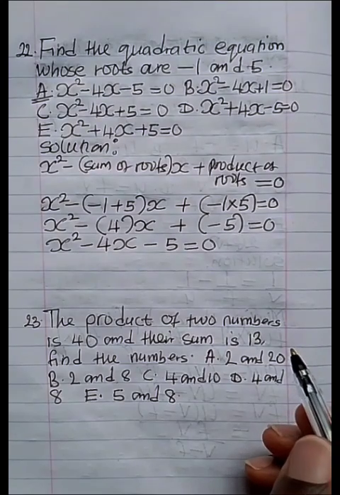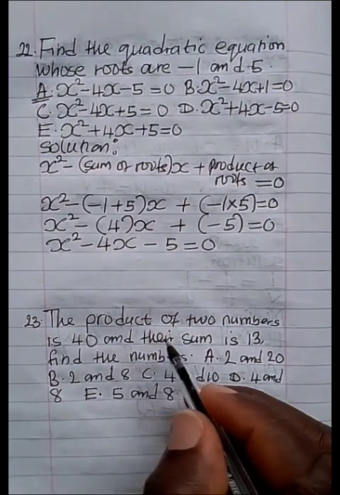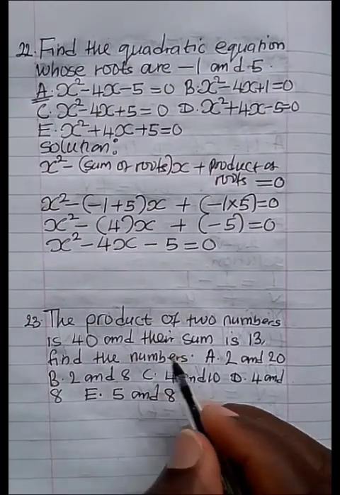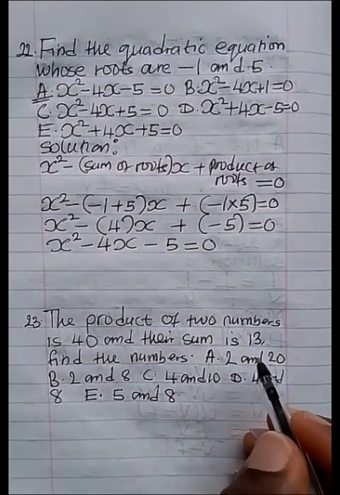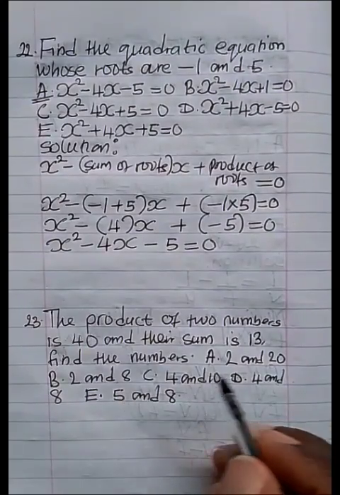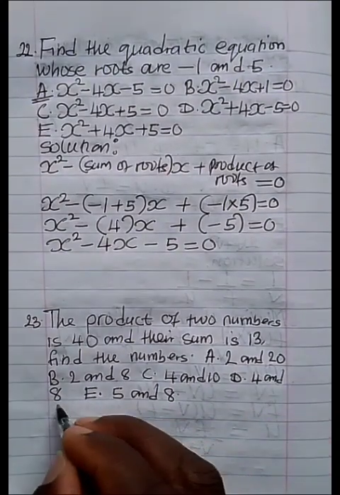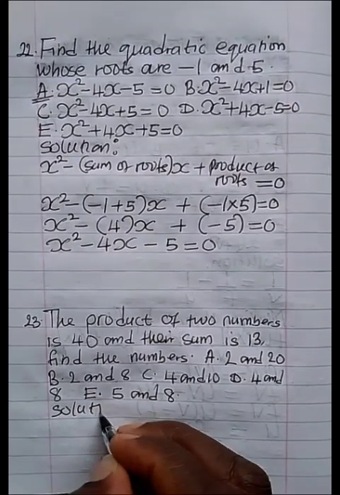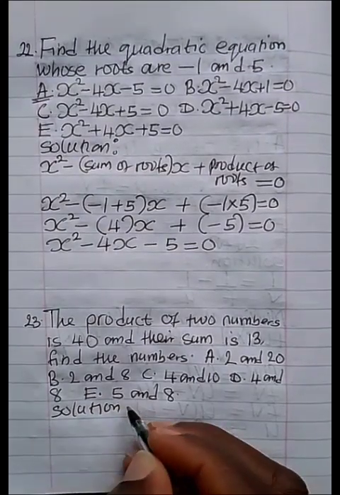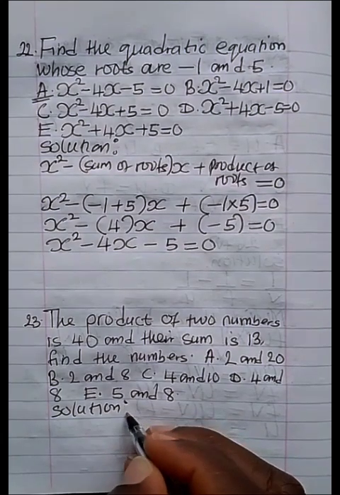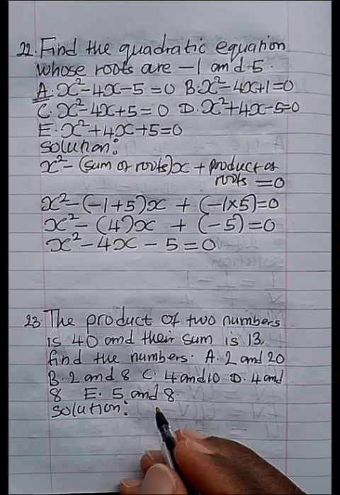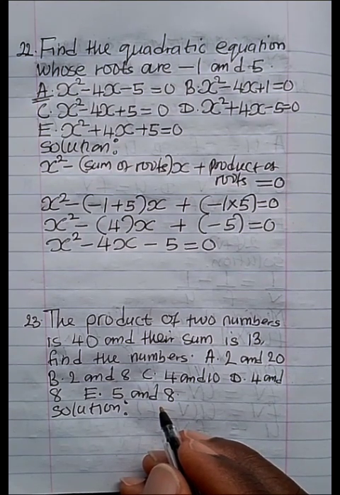Question 23. The product of two numbers is 40 and their sum is 13. Find the numbers. Solution. If we interpret this question using word problem procedure, it will give us a system of non-linear and linear equation.